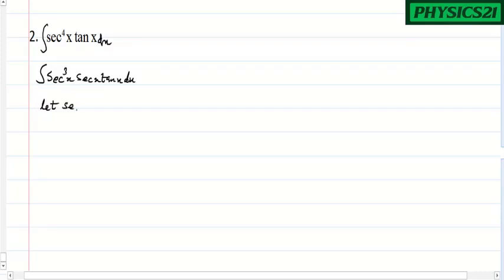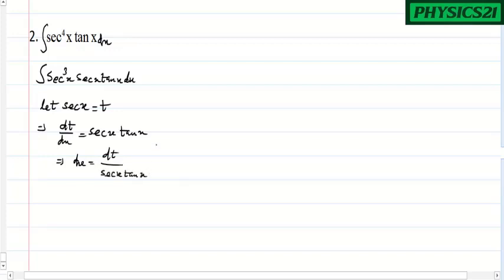Let sec x be equal to t; as we differentiate, dt divided by dx gives sec x tan x. So dx can be written as dt divided by sec x tan x.